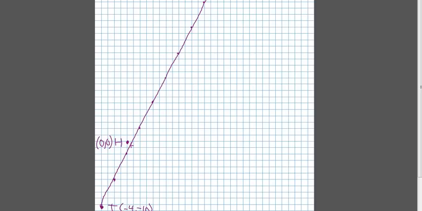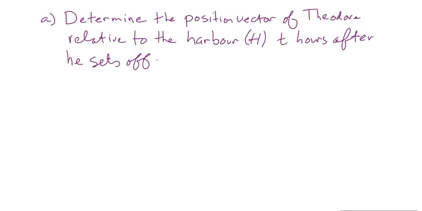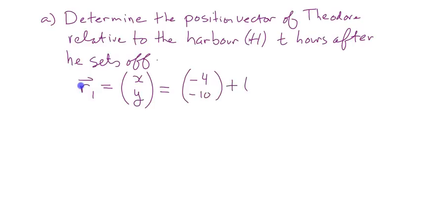Okay, what are we supposed to do? Determine the position of Theodore relative to the harbor. So we need a vector to describe Theodore's position. Let's call that vector R1, which is equal to (x, y), which is equal to (-4, -10) plus t times (2, 4).